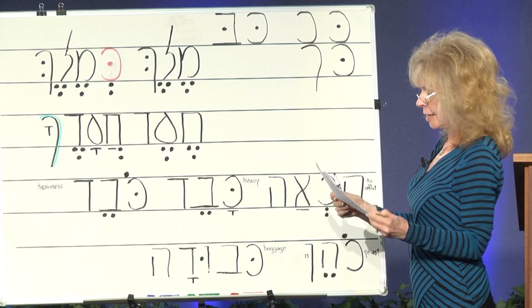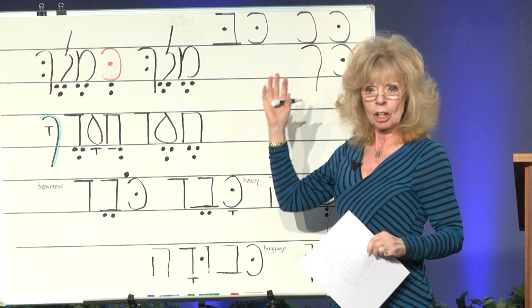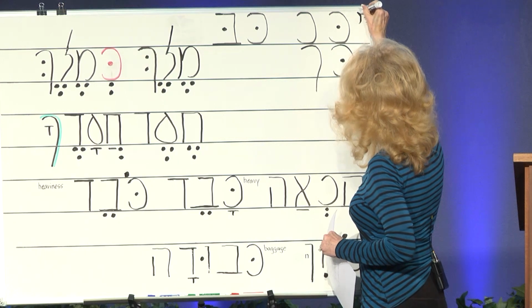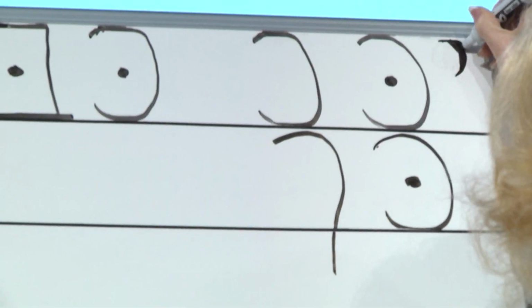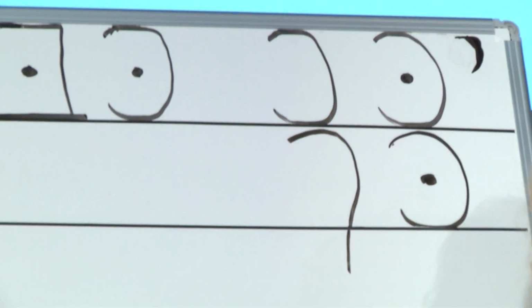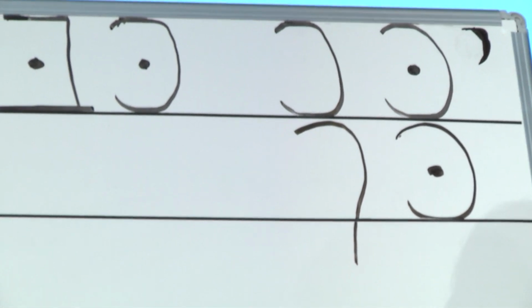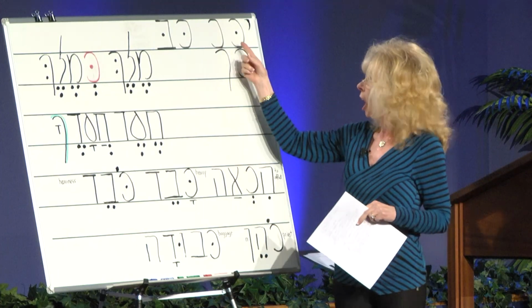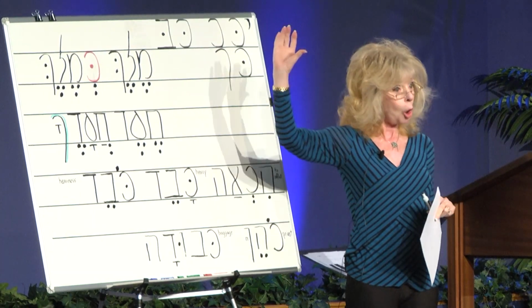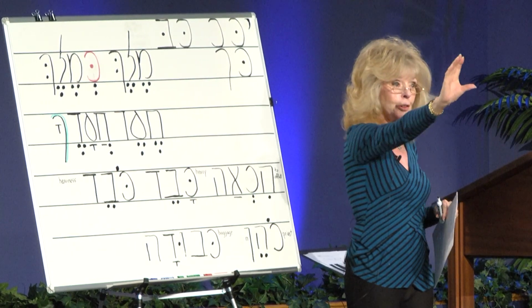Then you'll notice that the cough comes right after the letter yud. Remember last week we did yud, and the yud was a closed fist, and it meant mine when it was at the end of a word. And the cough also will come at the end of the word, you're going to see in a minute, but it's an open hand, and so it's for you.